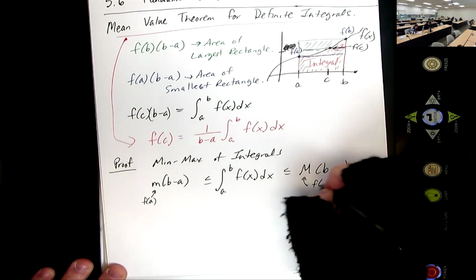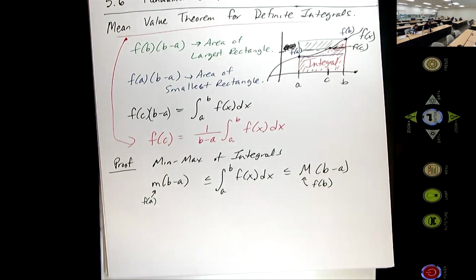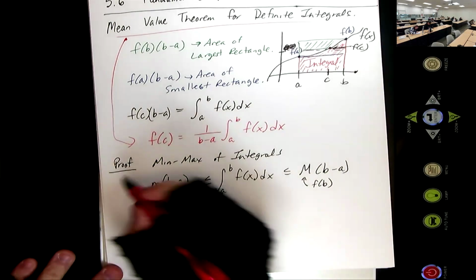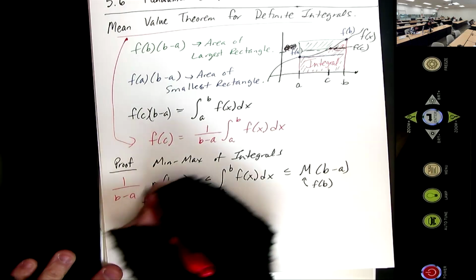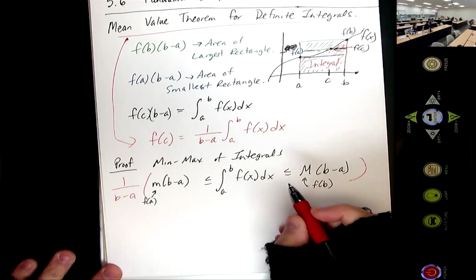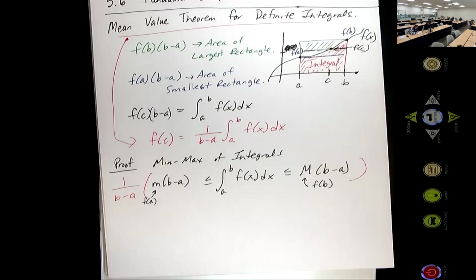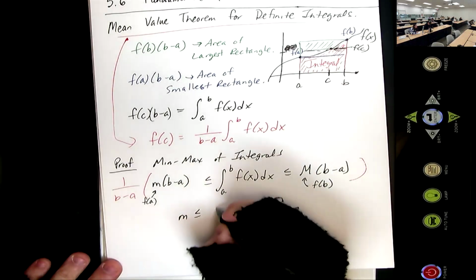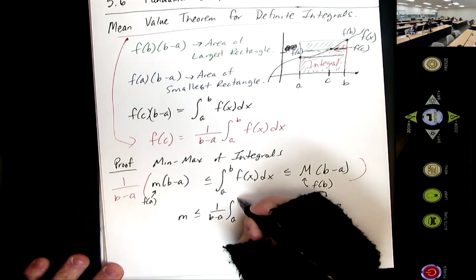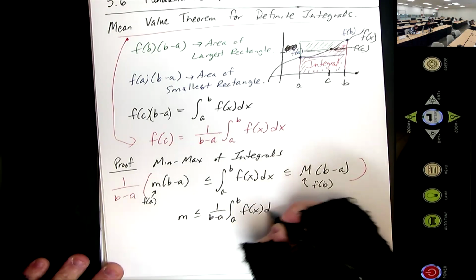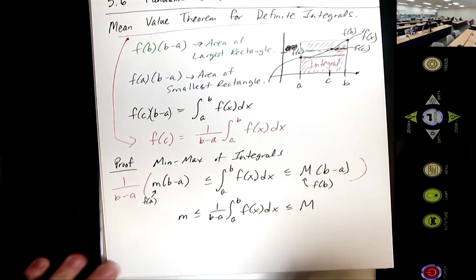And in my picture, this is like f of b. If we multiply everything by 1 over b minus a, we get m is less than or equal to our target, 1 over b minus a times the integral from a to b of f of x dx, which is less than or equal to M.